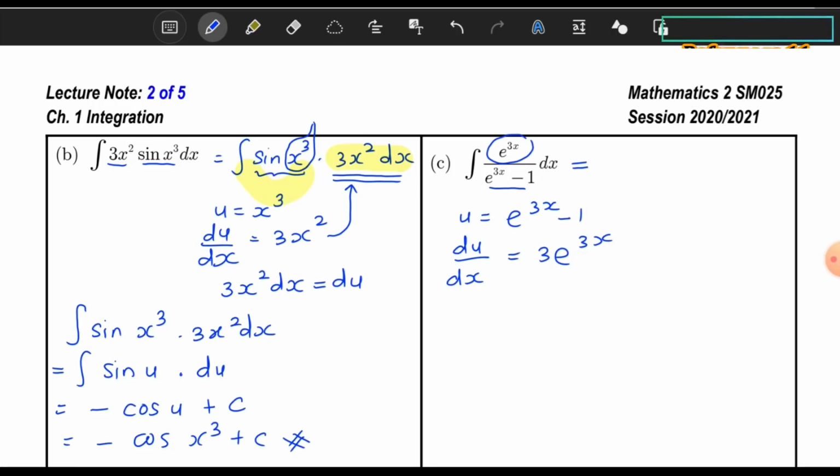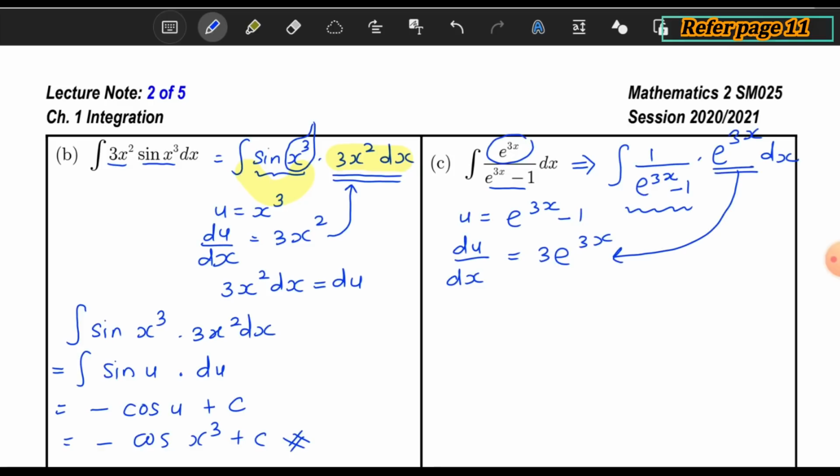Okay, and the integral here can be written as integrate 1 over exponent 3x minus 1 times exponent 3x dx. The first part is related to u. If we compare the remaining function, the function at the back, with the derivative, we can rearrange exponent 3x dx equal to du over 3.